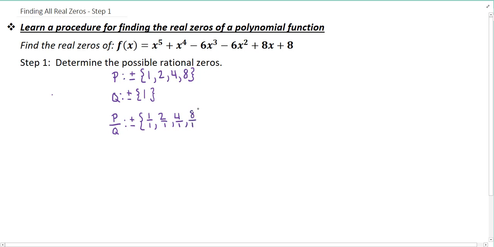So I put each of my p's over my q of 1. If we simplify that down, we can see that that's just those whole numbers, or those integers, I guess, since we're dealing with pluses and minuses. The positives and negatives, 1, 2, 4, and 8. So these are our 8 possible rational zeros.